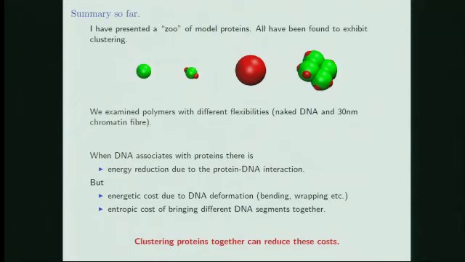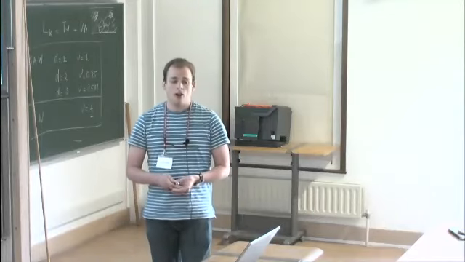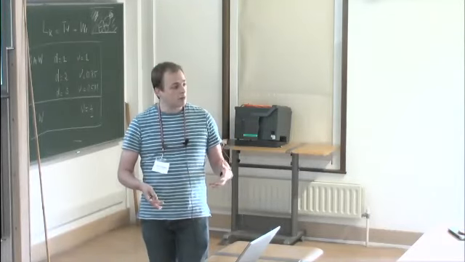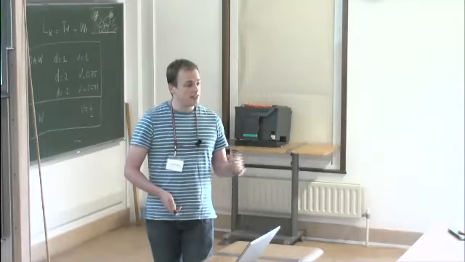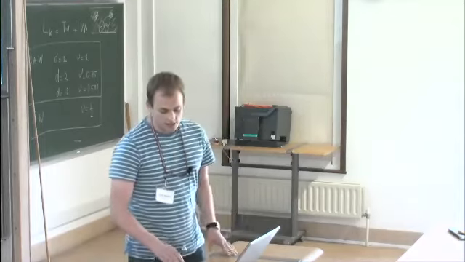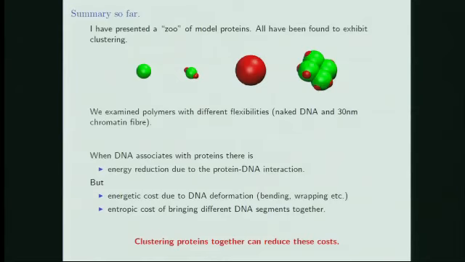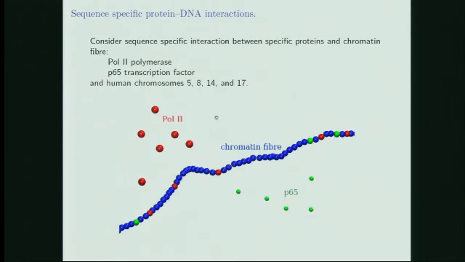Okay, so I'll move on to the second part now, where we wanted to try and do some larger simulations and try and be a bit more realistic and have some links to some experimental data, although qualitative links at this stage. So we looked at having sequence-specific protein-DNA interactions. So we again consider a chromatin fibre. So these are 30 nanometer sized beads.